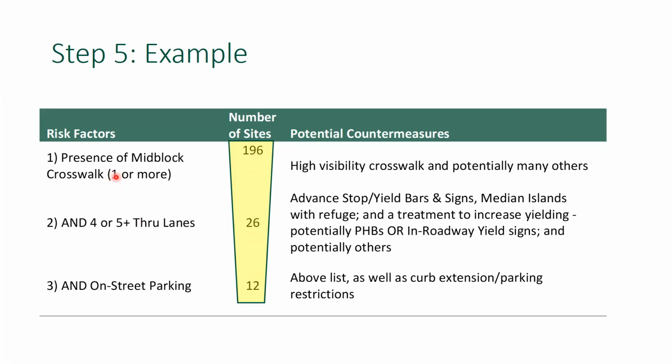You have total mid-block crosswalks, 196. 26 of those crosswalks are with 4 or 5 through lanes, and then 12 of those crosswalks are with on-street parking. So here are countermeasures for the 196 sites. Here are additional countermeasures only for those 26 sites, and additional countermeasures only for those 12 sites. So your countermeasure has to be in context with the situation that you have ongoing.